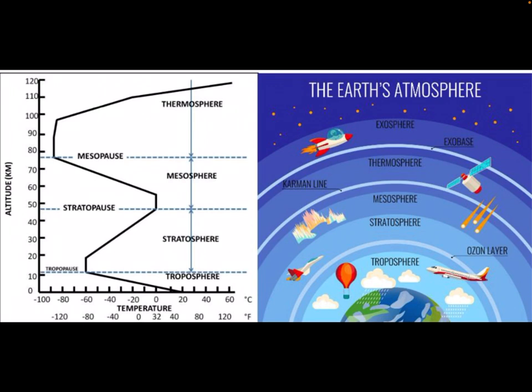So what do you mean by atmosphere? Atmosphere consists of the layers around the earth containing solid, gas or dust particles, and there are 6 layers of atmosphere.